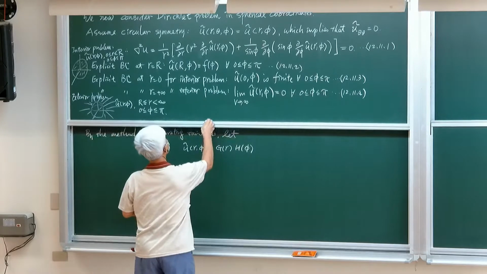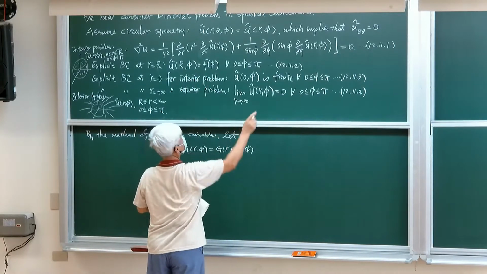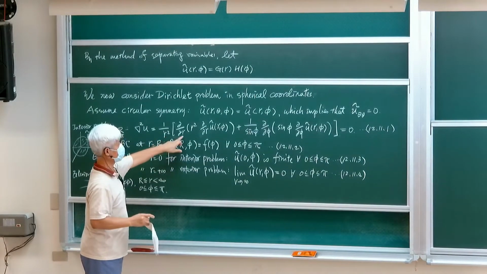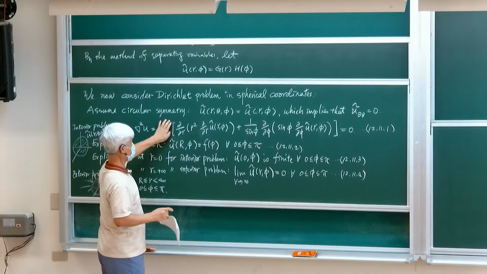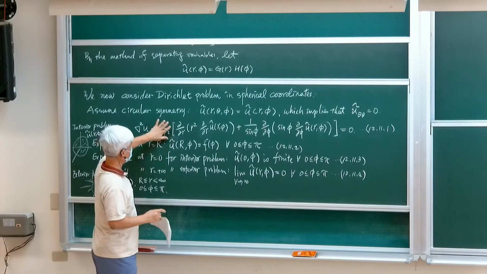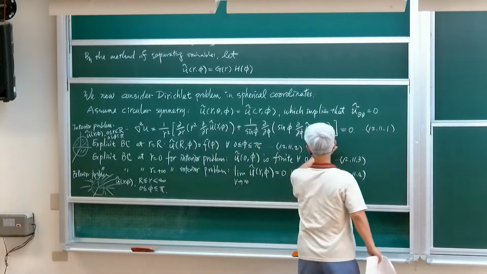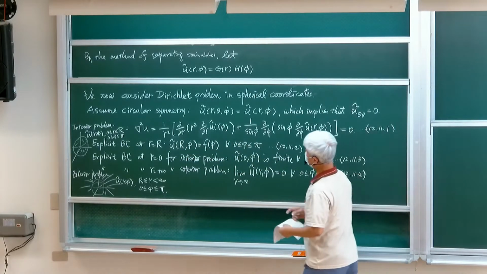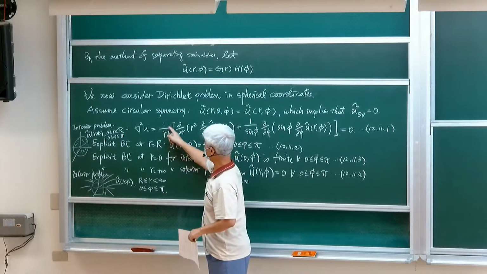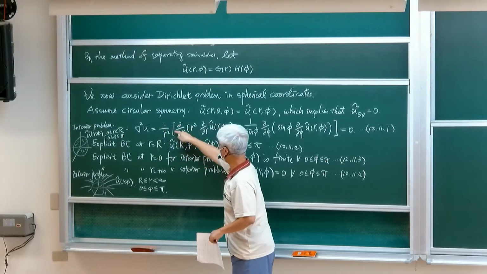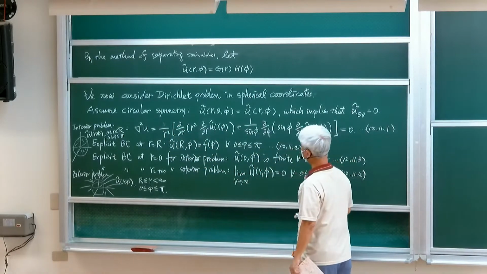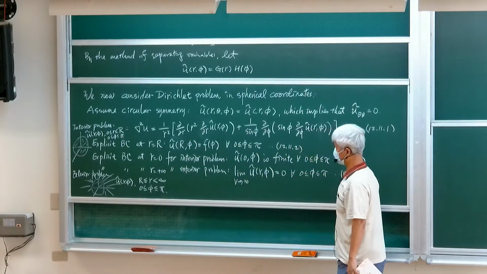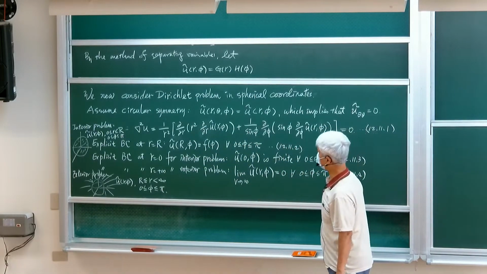Now we can go on, and here we can see that because this is a factor, this expression equal to 0, we can consider only the sum of the two terms in the bracket, which is equal to 0.